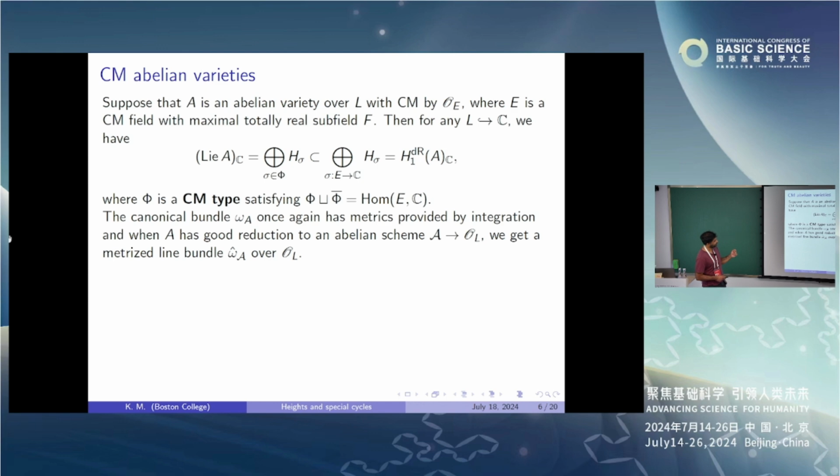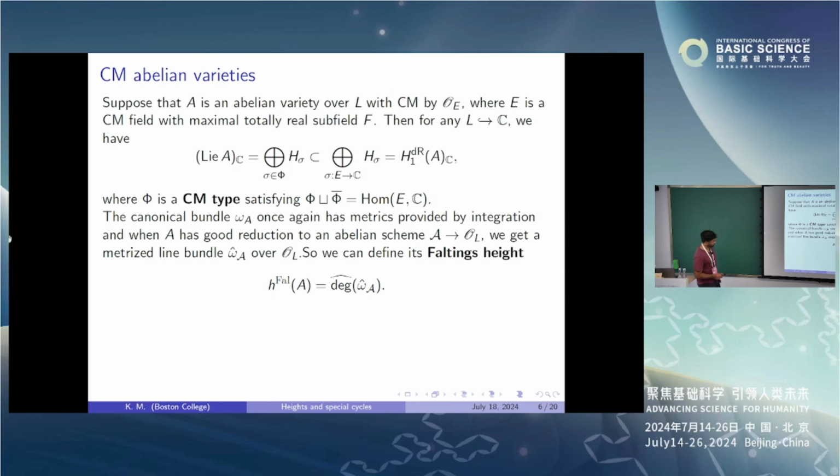So we can always assume this. Then if you take the canonical bundle of this abelian scheme, that gives you a metrized line bundle over O_L, and you can use this to define the Faltings height of A. Note that the right-hand side seems like it depends on the chosen model, whereas the left-hand side, by notation, only depends on A, and it's well defined.